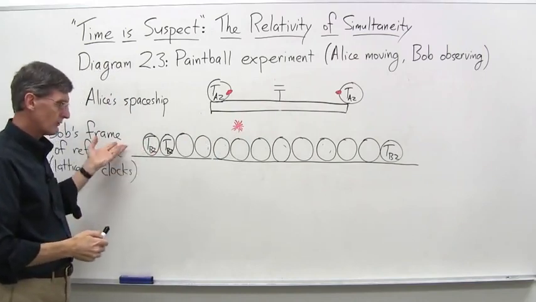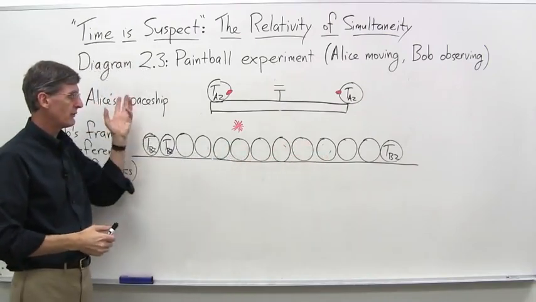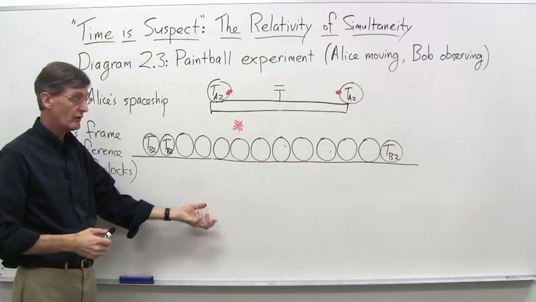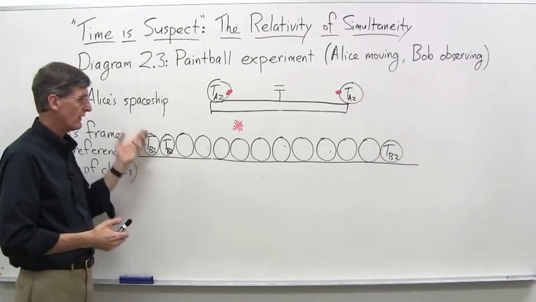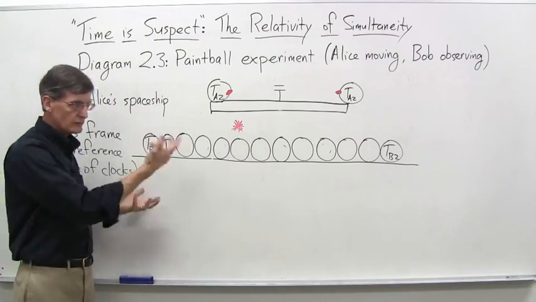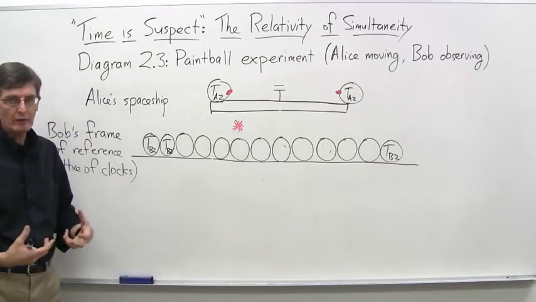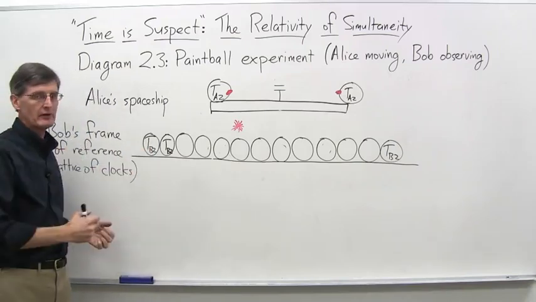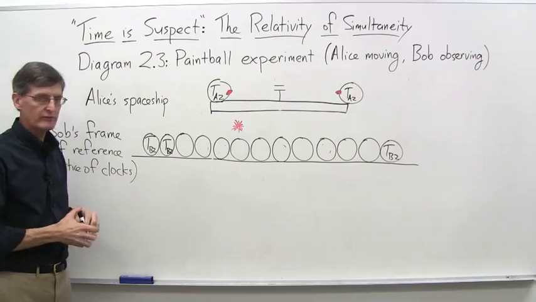Again, to emphasize, all Bob's clocks are synchronized here. So he sees the paintballs start off at time TB equals 0, and then at TB1 they're in transit, and then at TB2 all his clocks would register TB2 as we see here. Okay, so that's the paintball experiment. Now we want to do the exact same thing, but with light pulses, and see what the difference is between them.